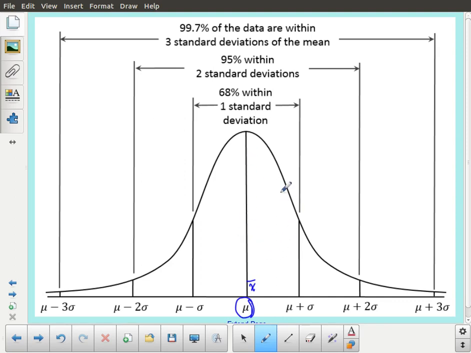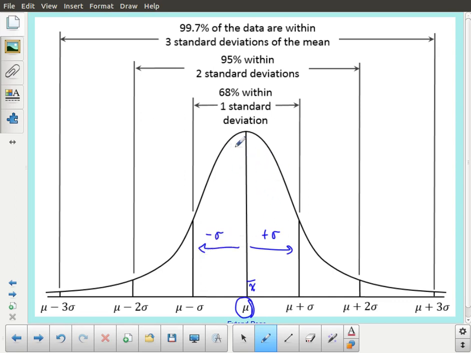the spread actually takes on a really well-defined form. And that well-defined form results in approximately 68% of your data being within one standard deviation of the middle. So that means we could go +1 standard deviation to the right, or we could go -1 standard deviation to the left.